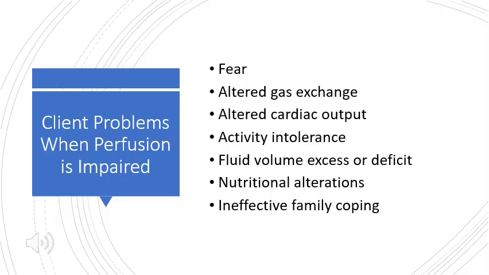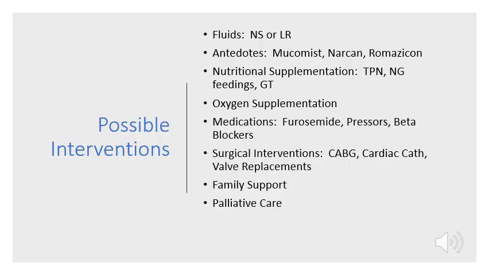Nursing interventions when caring for a child who has an altered cardiac function could include fluid boluses for hypovolemia. A lot of times they'll use those isotonic crystalloids, the normal saline or lactated ringers. A bolus can be given over 5 to 20 minutes, and they use a weight-based formula.